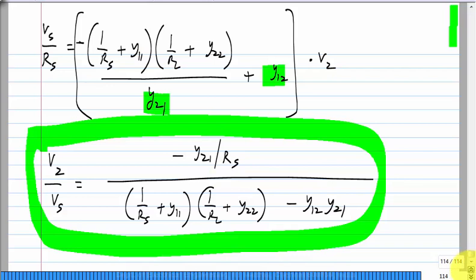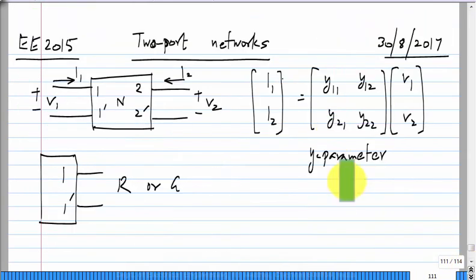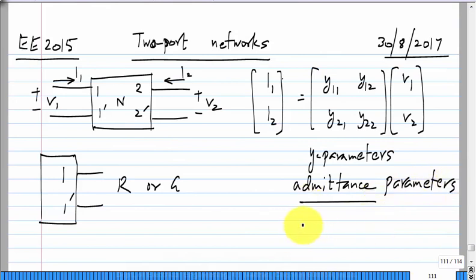So, this, by the way, as I already mentioned yesterday, these are Y parameters or admittance parameters. Have you heard this term, admittance? Yes or no? No? Okay. So, it's basically a generalization of conductance. Have you heard the term impedance?